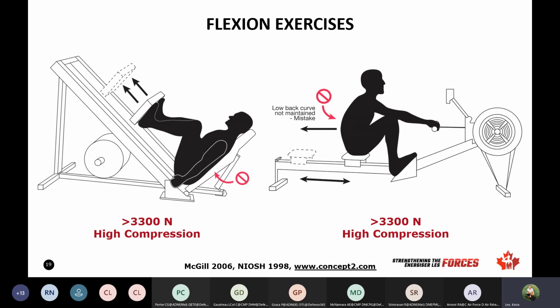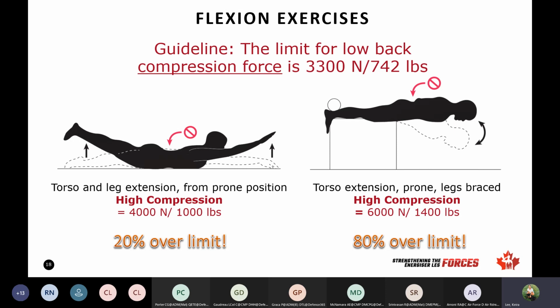So if you want to chat with me further about the machines and why they're there, definitely. There are still the prone leg torso extension machines in a lot of gyms. There's the Roman chair.